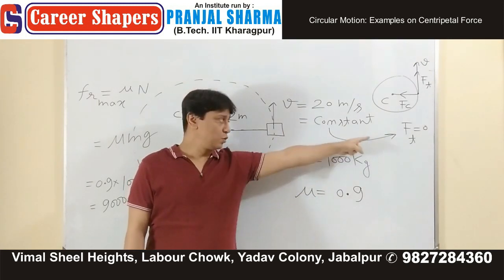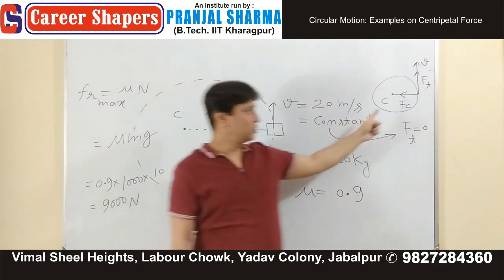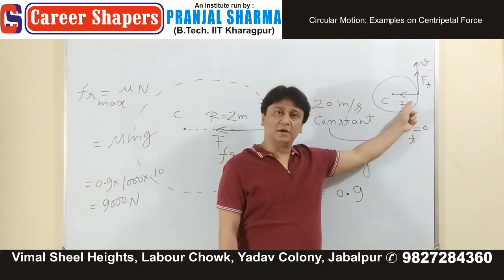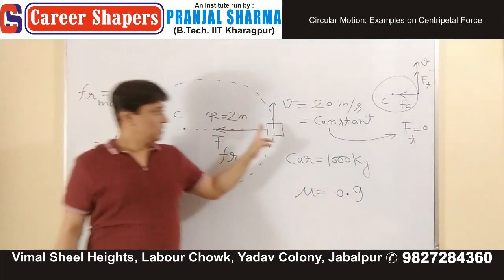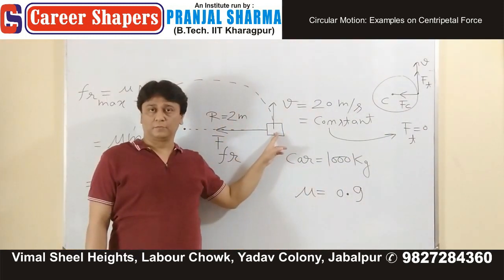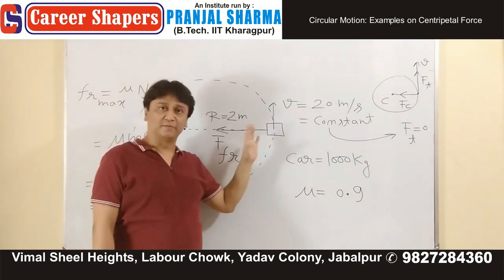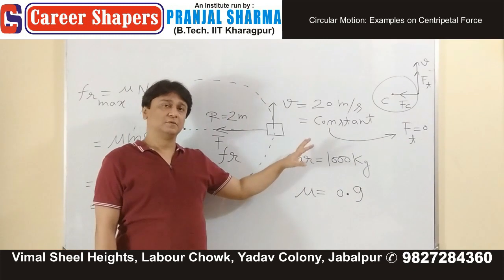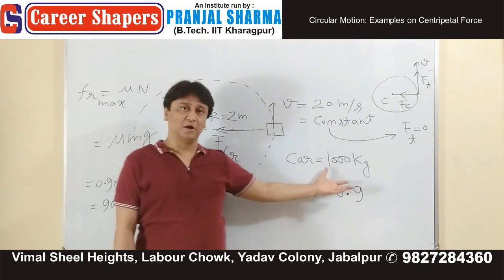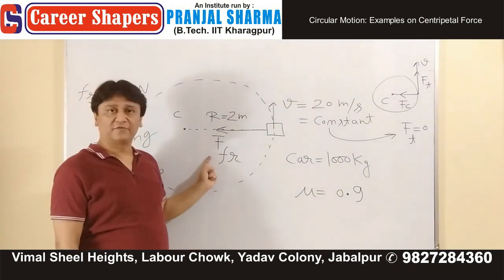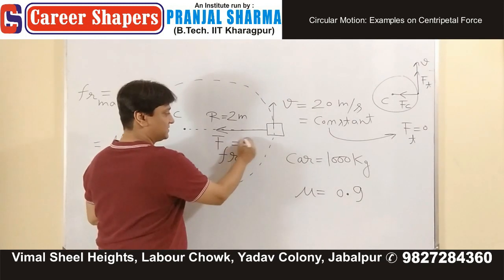That means there is no tangential force, so the only force acting on the car is the centripetal force, which acts towards the center. You yourself told me that it's the friction between the tires and the road which will provide the necessary centripetal force. So this F_R is going to give us F_C.